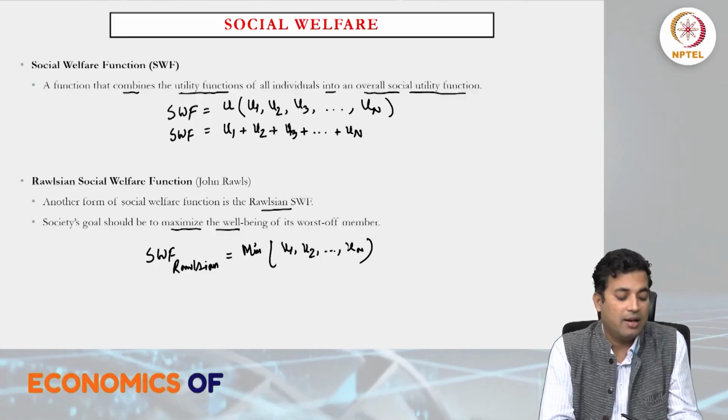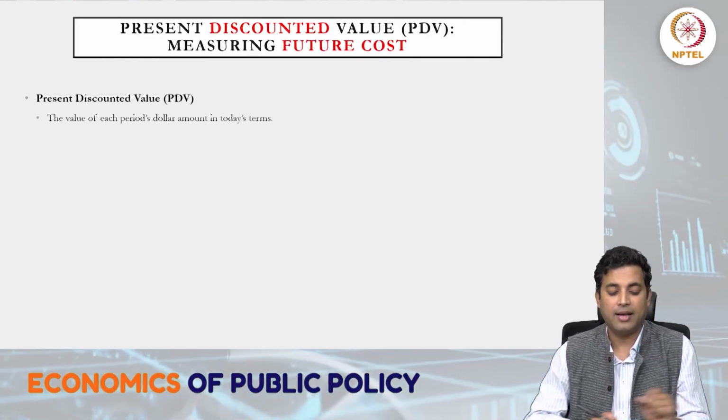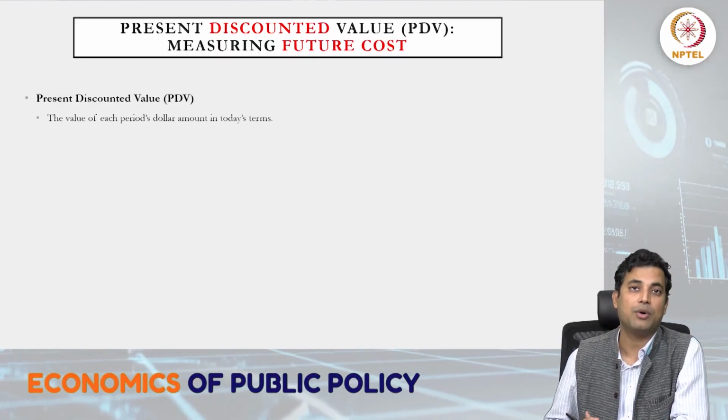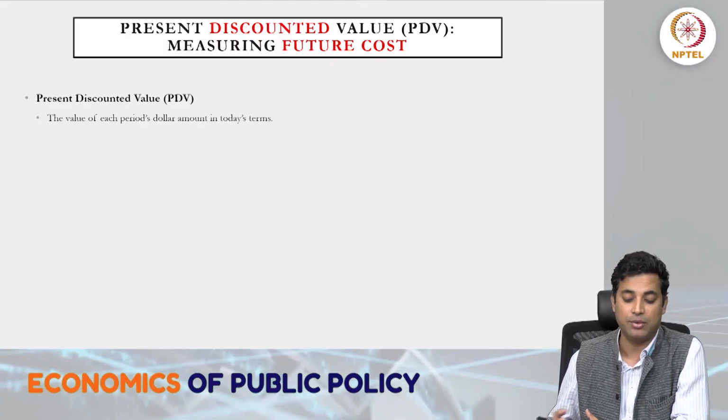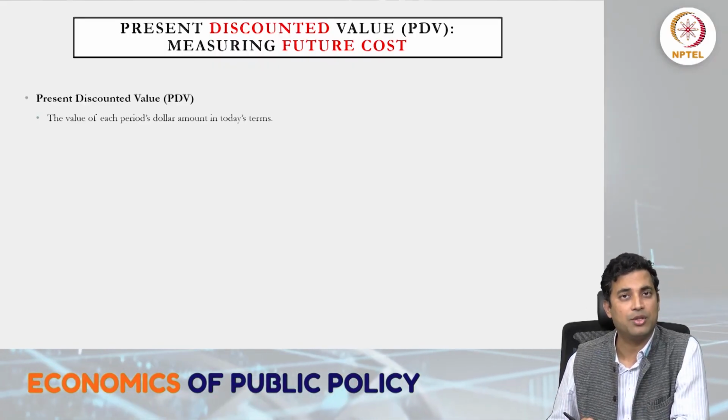So that is basically the Rawlsian way of social welfare functions. Now let's move further: how do we calculate the value of the cost or the benefit? There are different ways in which we calculate.